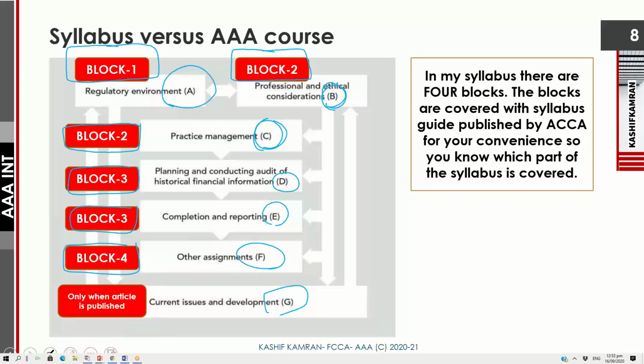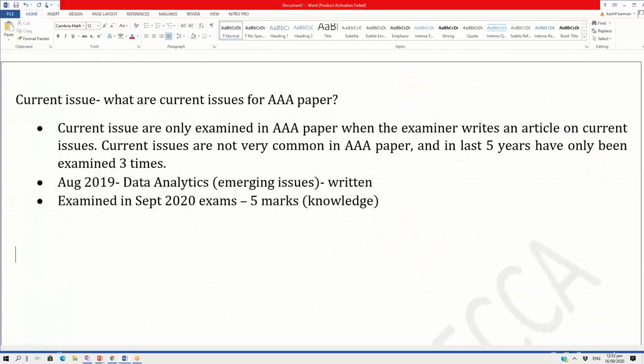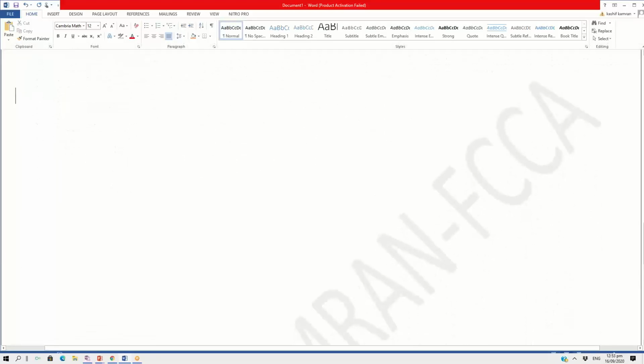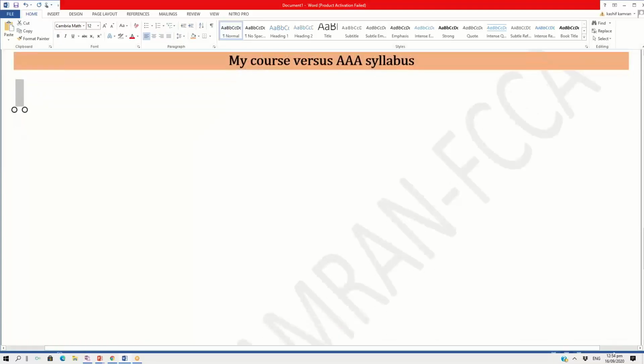So if you look at the 6 syllabus areas minus the current issues, and you look at how things will be covered in my course versus the AAA syllabus, I have divided the course into 4 blocks.